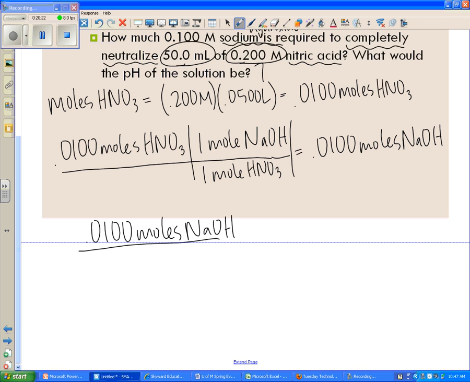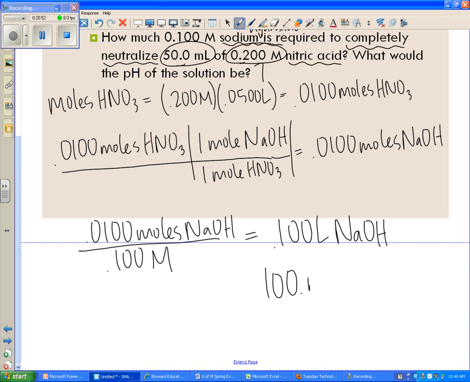Our sodium hydroxide is 0.100 molar, so divided by 0.100 molar will give us the volume in liters of sodium hydroxide required to neutralize that acid solution. So what's 0.01 divided by 0.1? 0.100 liters of sodium hydroxide, which is 100 milliliters of sodium hydroxide.